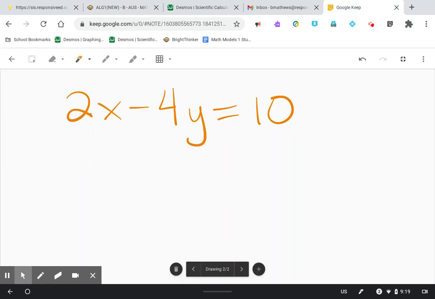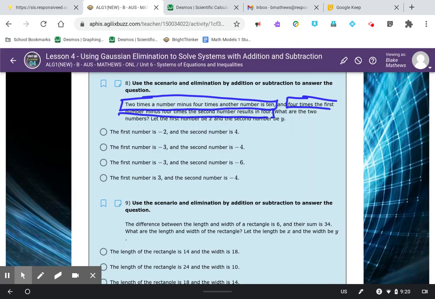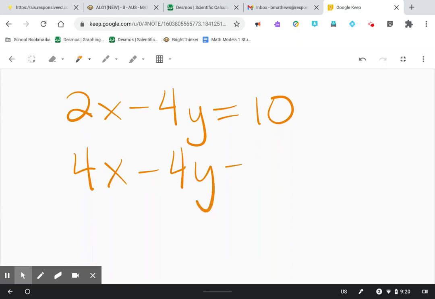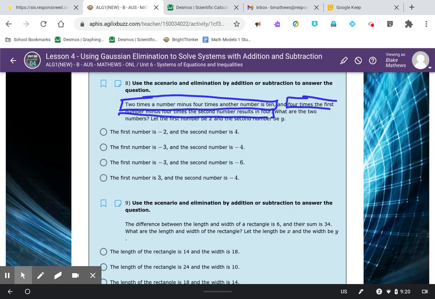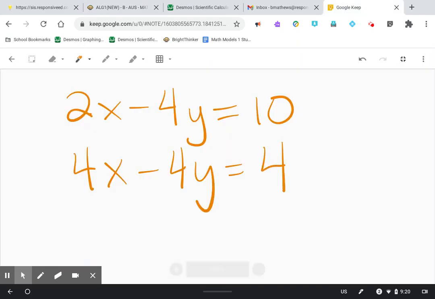Then it says 4 times the first number, minus 4 times the second number, 4y again, results in 4. So then you're ready to solve. I'll give you a hint. The first thing you need to do is multiply the second equation times a negative 1, and then you'll be able to solve from there. So there is your equation for number 8.